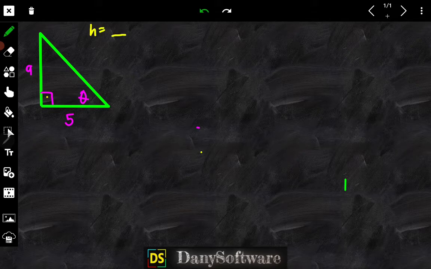And then, opposite is the side that is across the given angle or the reference angle. Since andito yung reference angle natin, ang katapat niya is yung 9, ang opposite natin is 9. And syempre, yung natitira, adjacent natin, which is 5, yung katabi ng reference angle.